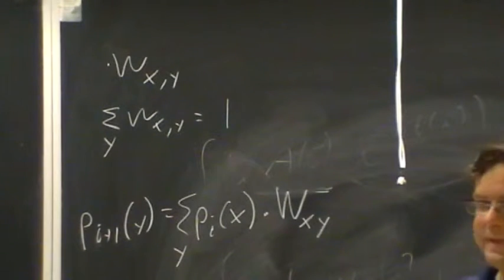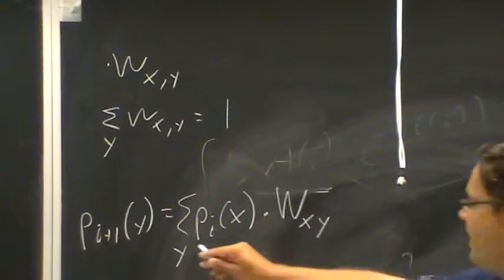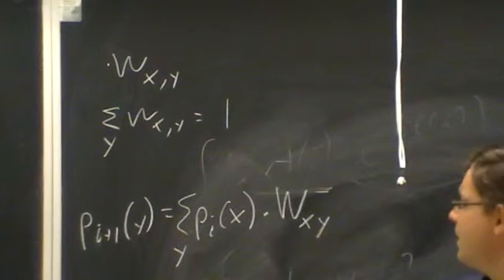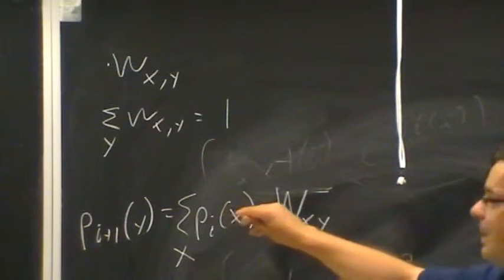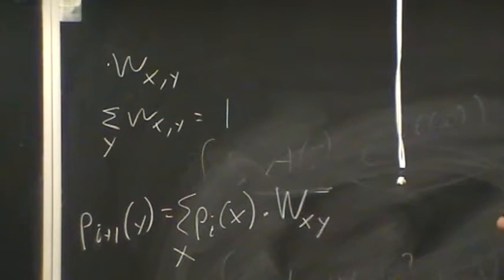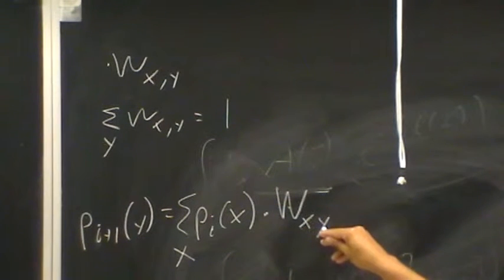Since the probability to be in state y is the sum over all states I might have been in in the last step, multiplied with the probability to go to the new state y.